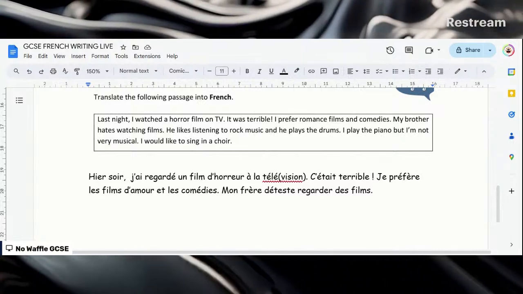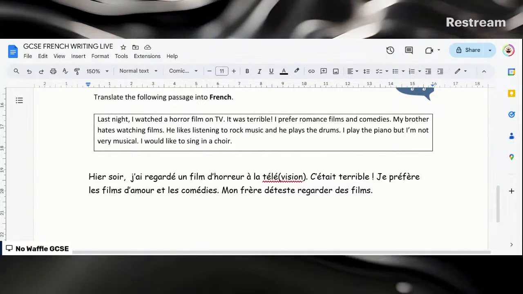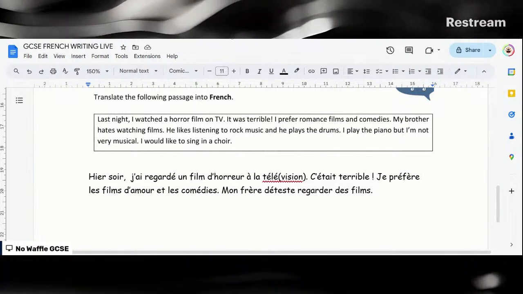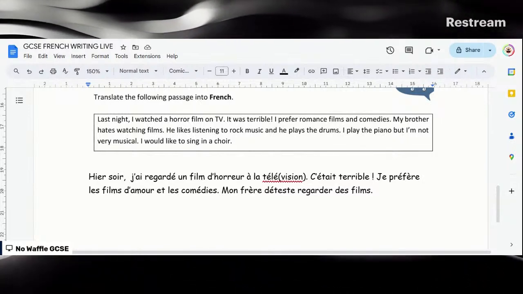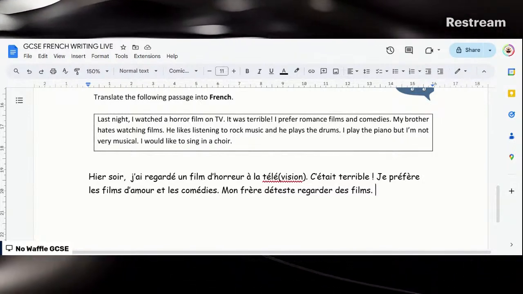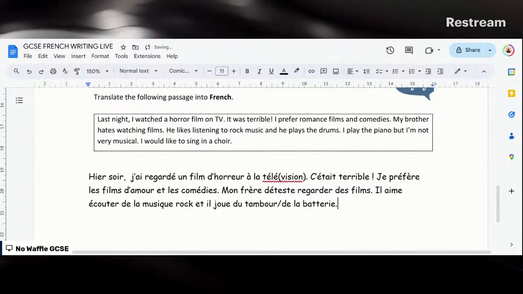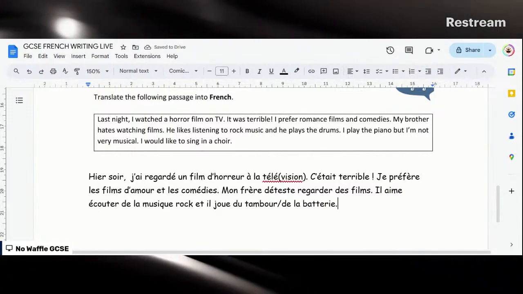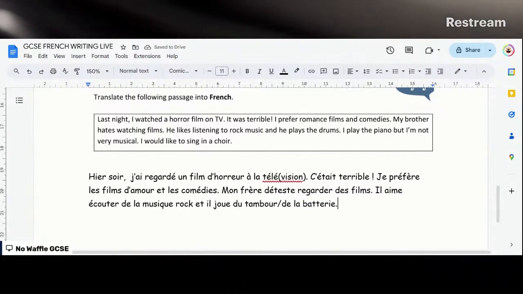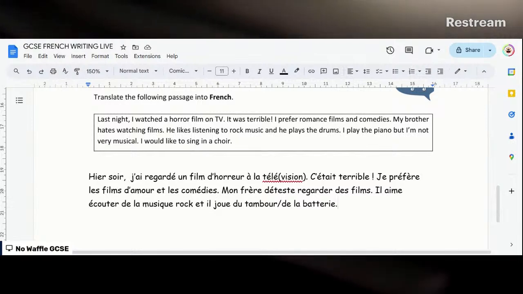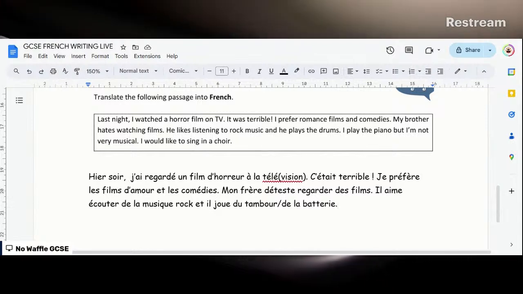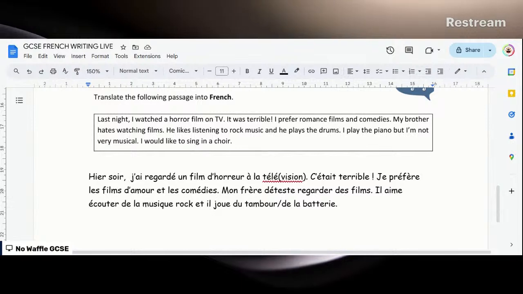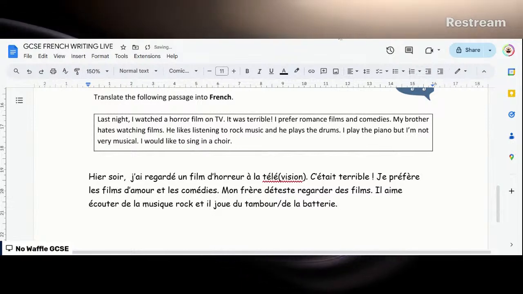So, il aime écouter de la musique rock et il joue du tambour or de la batterie. So that's the drums. They always ask about the drums a lot as well. I think a lot of people don't really revise it as much as an instrument. So batterie is important.